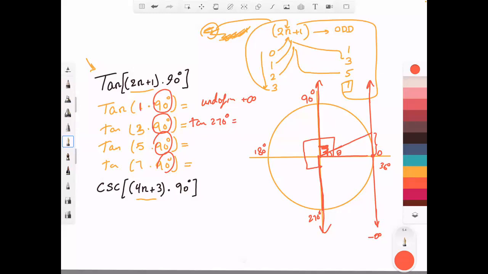Yeah, so this is undefined. 5 times 90: 190, 290, 390, 490, 590. So again, I end up being at the 90. So this much is enough to tell us that the answer is undefined.